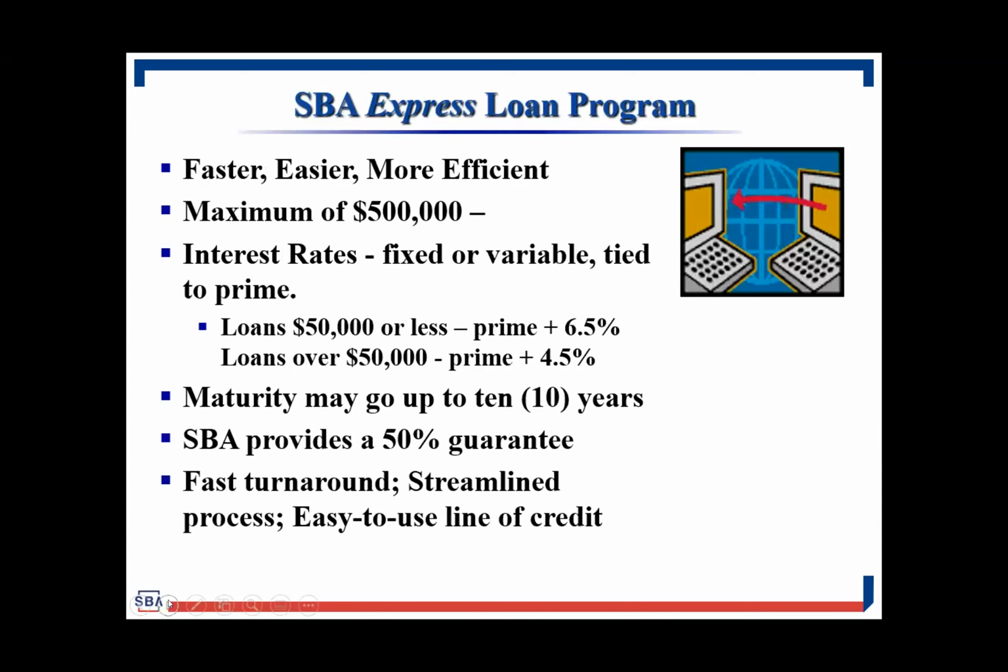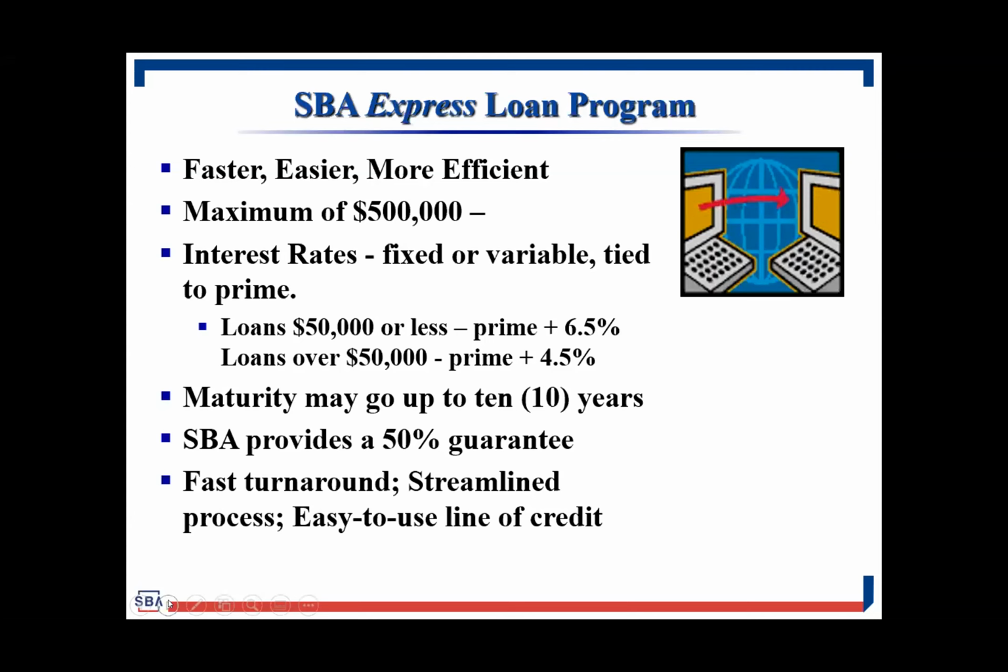On our express loan, this program was put in place so that you could get your money more quickly. And in fiscal year 2021, we increased the maximum for the express loan to $500,000. It used to be $350,000. So if the loan is $50,000 or less, the interest rate is prime plus 6.5%, and loans over $50,000, the interest rate is prime plus 4.5%.